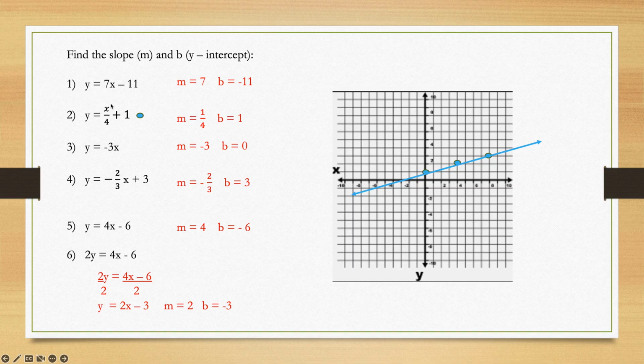If I plug in a 0 for x and a 1 for y, it checks, right? 1 equals 1. Let's plug in 4, 2. If I plug in a 4 for x, 4 divided by 4 is 1. 1 plus 1 is 2. So that works.